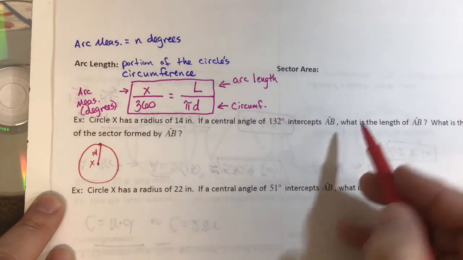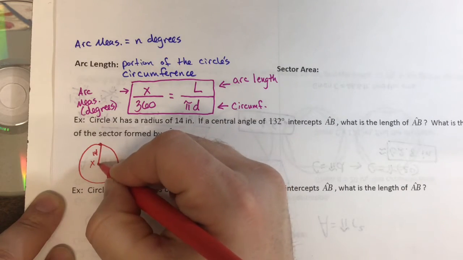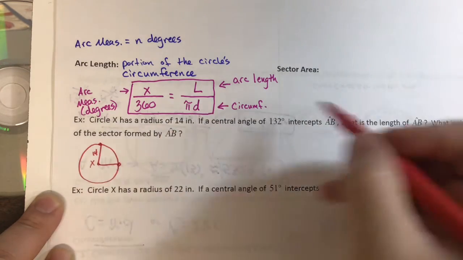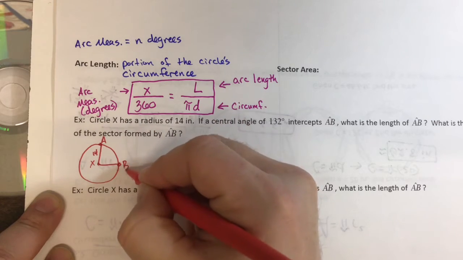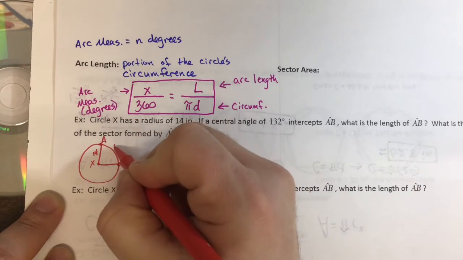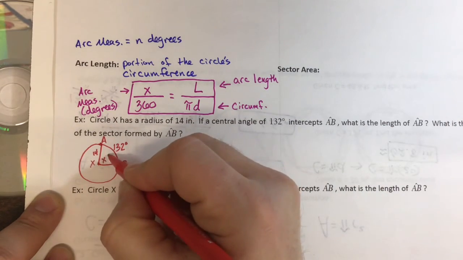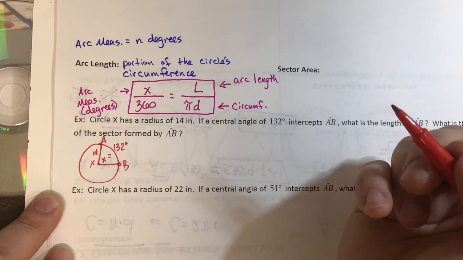Okay. And we've got this intercepted arc, or this arc made by a central angle at X called AB. So there's A, there's B. They're telling you that that central angle, which is the same as the arc measure, is 132 degrees. So that's our X value. X equals 132.